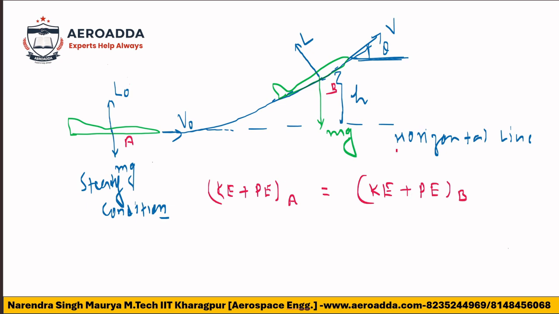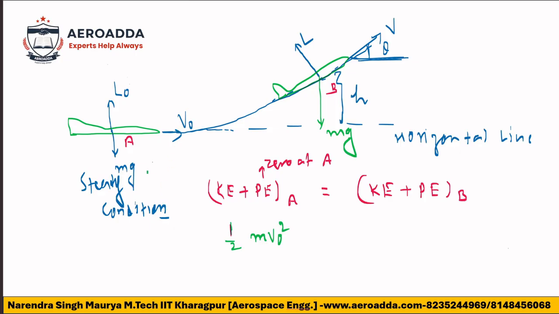What will happen if you apply this? What is the potential energy at point A? Obviously, at point A the potential energy is zero. But at A there is kinetic energy, which is one half m V naught squared, where V naught is the steady level initial velocity.